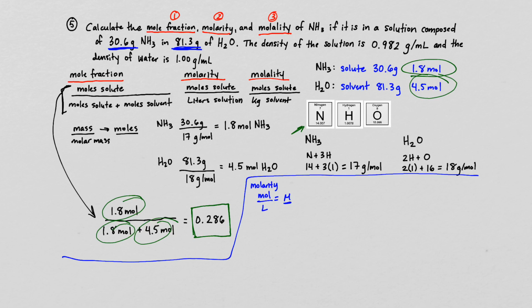Okay, so the first thing we need to know, if we want to find the molarity, well, we know the moles of the solute already, right? The solute moles is 1.8. We already figured that out. So we know that it's going to be 1.8 divided by the liters that the solution is. That'll give us the molarity. And in order to find the liters, what we're going to need is the density of this solution.